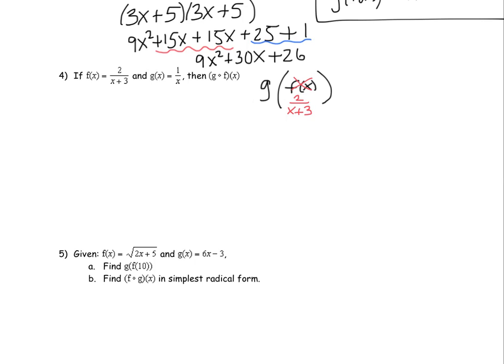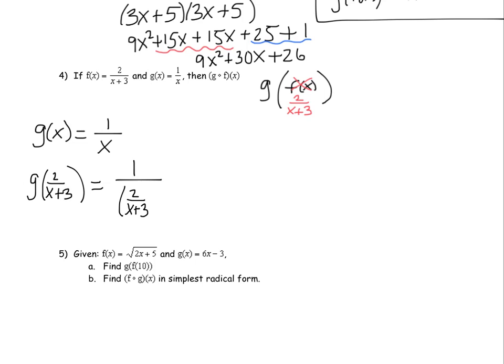And we want to find that. So let's start with the g of x function. So g of x equals 1 over x. And I want to find g of 2 over x plus 3. So anytime I see an x, I'm going to plug in a 2 over x plus 3. So 1 over 2 over x plus 3.